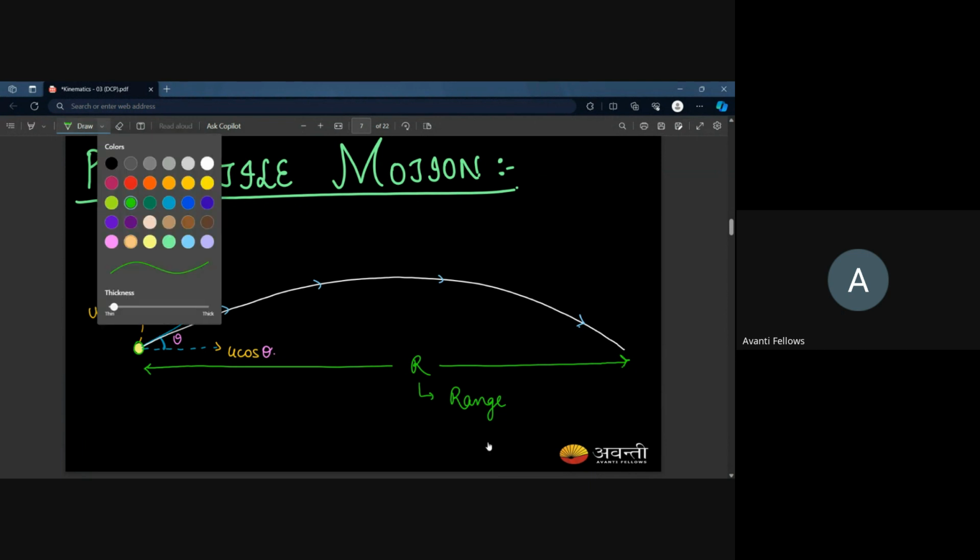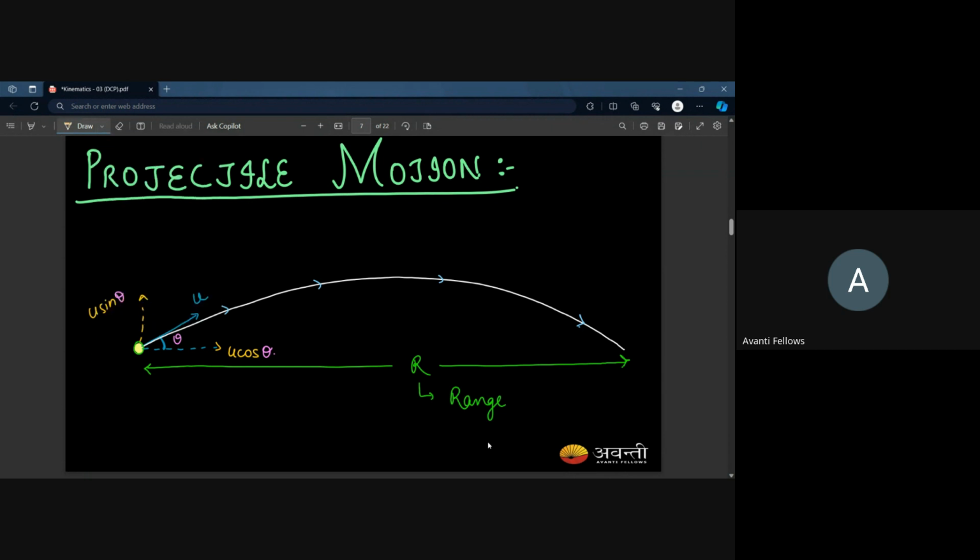Then we have this point. This is the maximum height which has been achieved by this projectile. Yes or no? And besides it, the third component which I am very concerned about is the time.